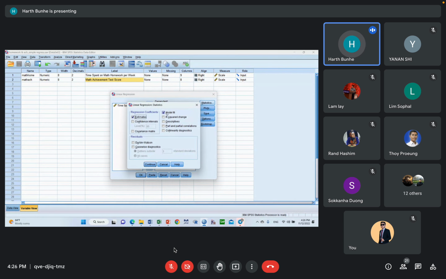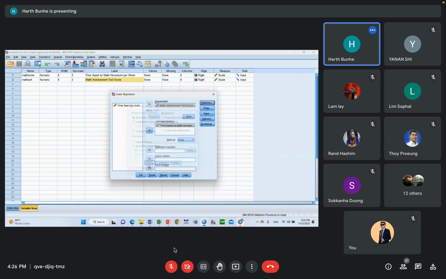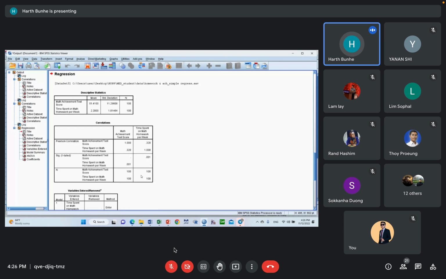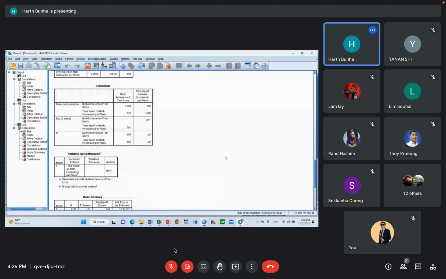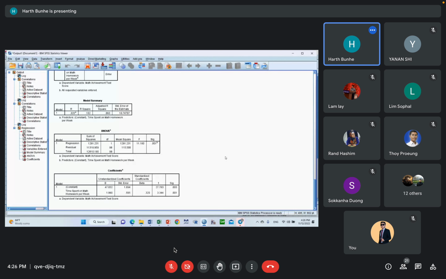You can see model fit, you can see estimates, and you can see descriptives if you want, and then continue and go to OK. You will have three tables. The first is the model summary, the second is ANOVA, and the last is coefficients.